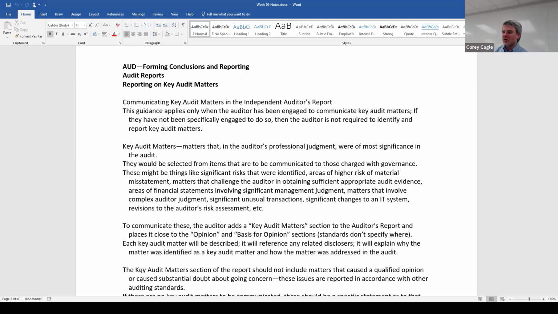Things that challenge the auditor to obtain appropriate evidence, areas that involve a whole lot of judgment on the management's part, complex auditor judgment areas, weird transactions, weird things going on with the IT system, revisions to the risk assessment by the auditor. Not good things.